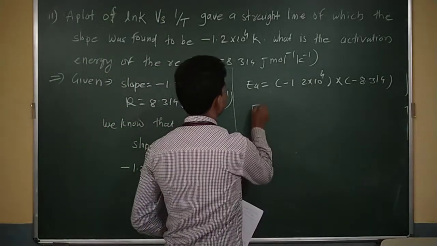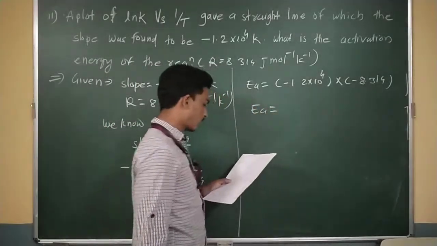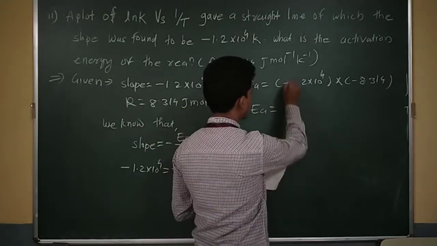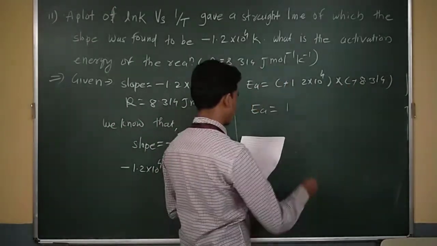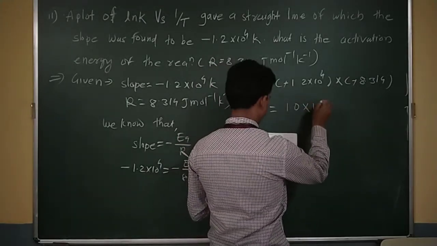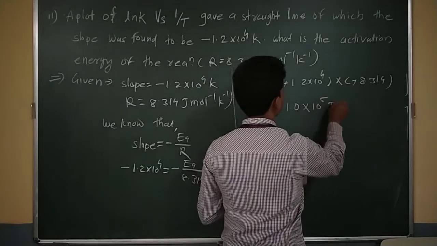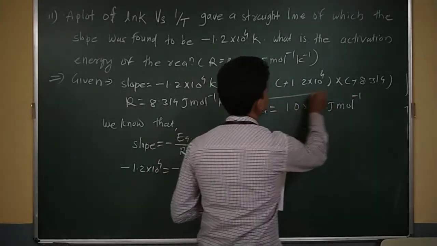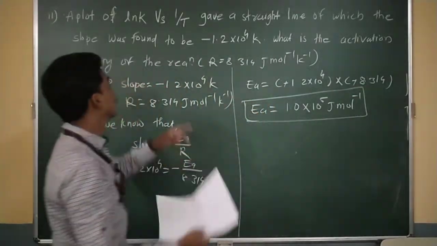After calculating all these things, I will get the final answer in positive, because minus minus gets cancelled. So 1.0 into 10 raised to 5 joule per mole. This is the final answer of your problem.